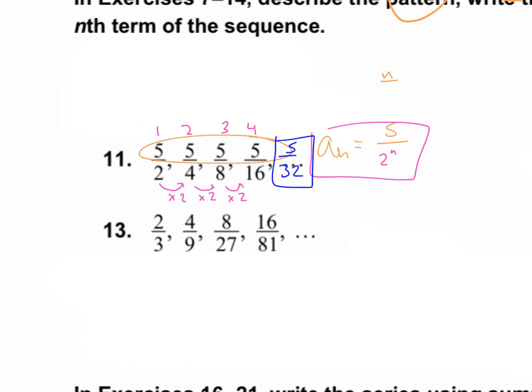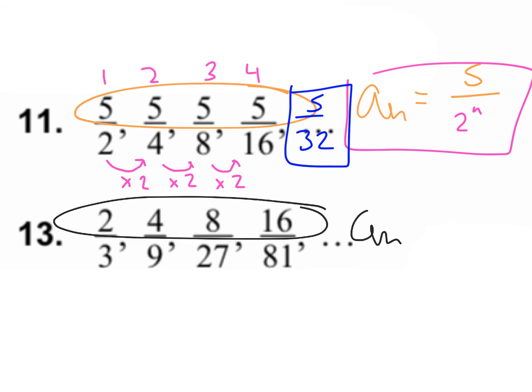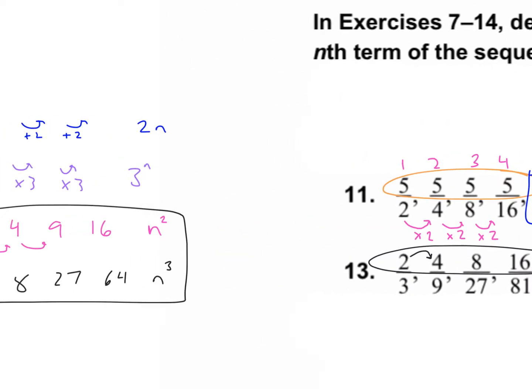All right, let's look at 13. So to come up with our rule, we take it one step at a time. Let's look at our top. What are we doing to get from 2 to 4? Multiply by 2. So what's our rule going to be in our numerator? 2 to the power of n, because we said we're multiplying by 2.